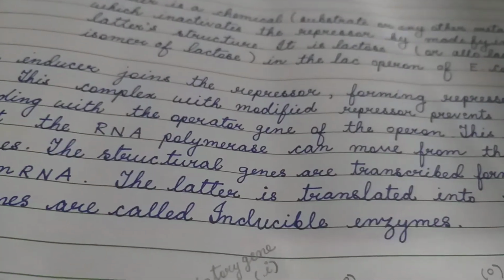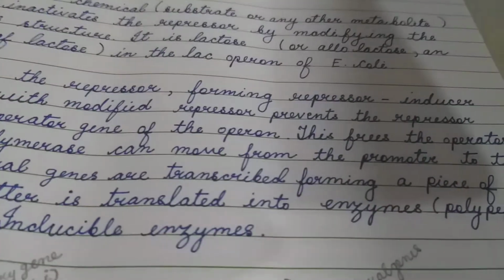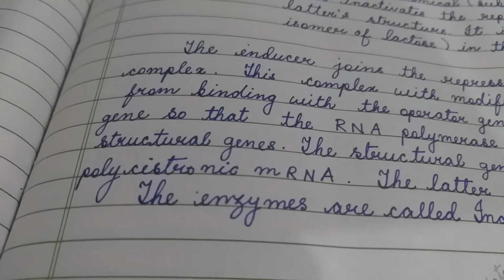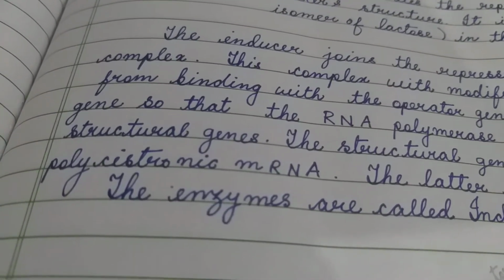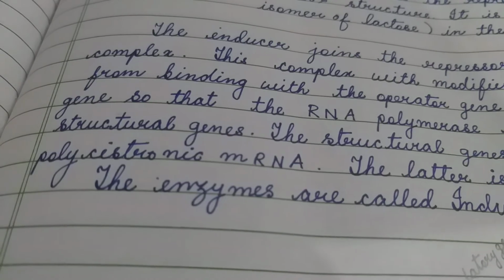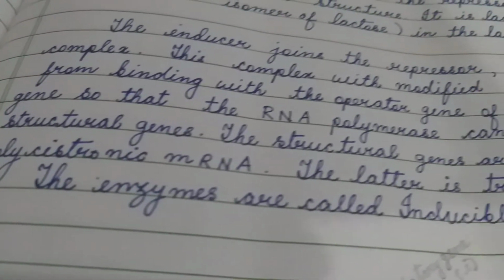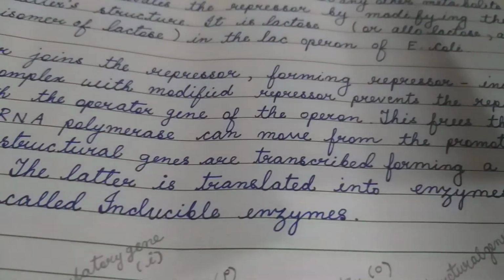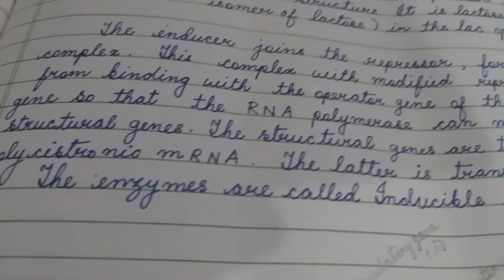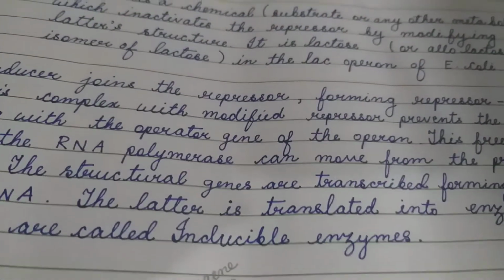Now the structural genes are transcribed forming a piece of messenger RNA, which is polycistronic because several genes are transcribed together. The messenger RNA is translated into polypeptides or enzymes, called inducible enzymes.